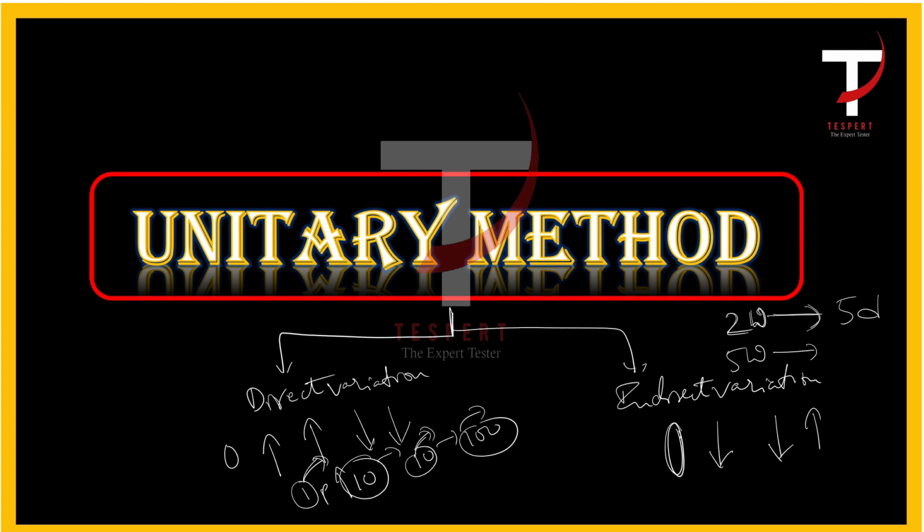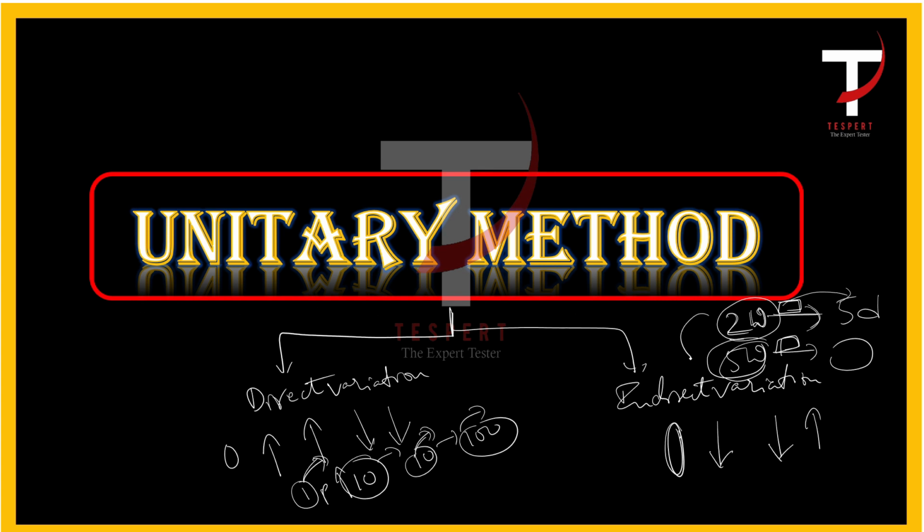Let's say the task is to construct a small block. For this construction, these two workers are taking 5 days. For the same construction of that block, how many days are required for 5 workers?